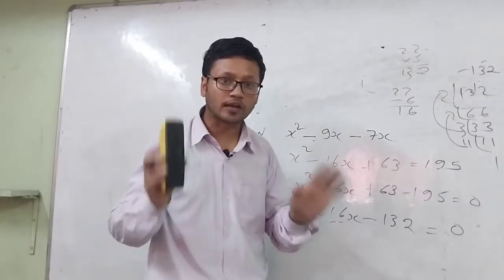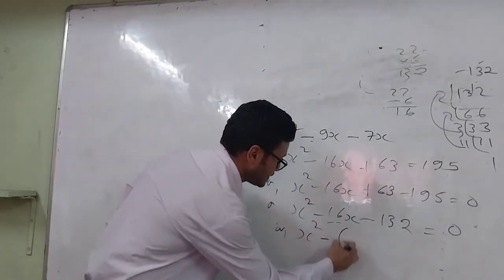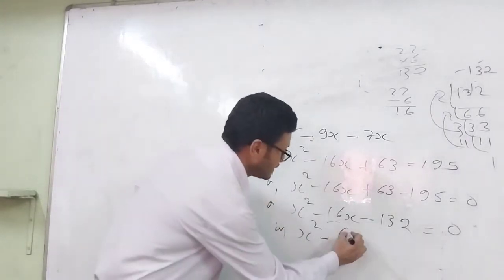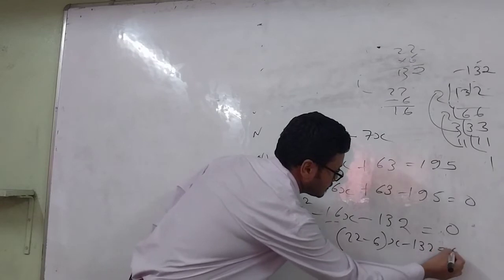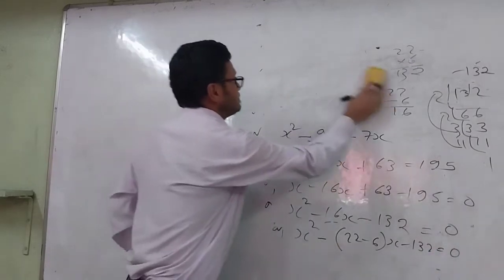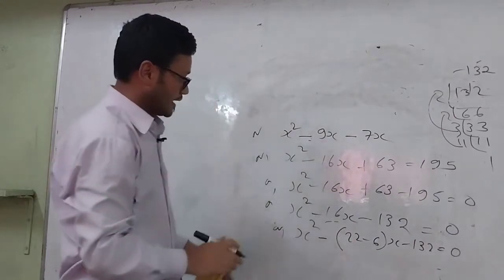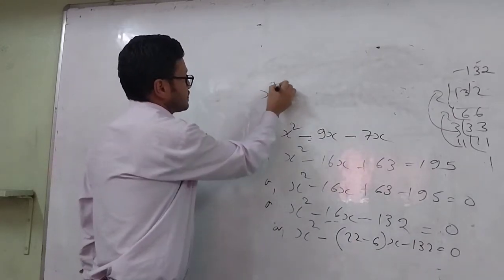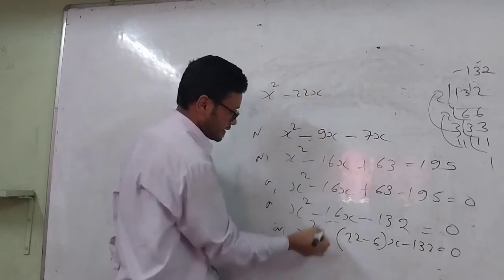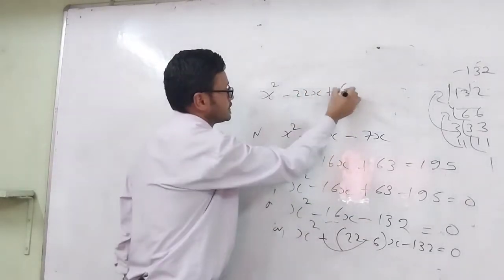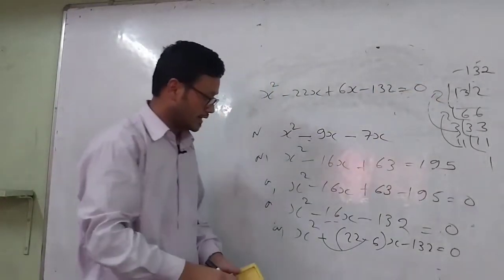Now, how to write? First write x square minus, then use the bracket, then 22 minus 6, then x minus 132 equals 0. After this, x square minus into plus minus 22x, then again minus into minus plus 6x minus 132 equals 0.